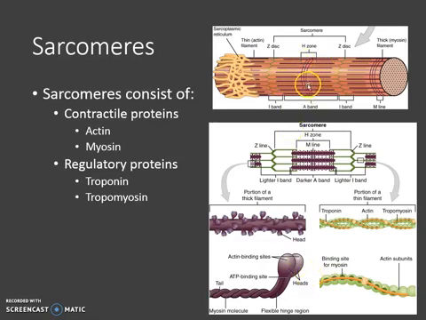During a contraction, the myosin protein doesn't get shorter and the actin protein doesn't get shorter. They just slide across each other so that the entire sarcomere gets shorter. So this Z-disc moves closer to this Z-disc, and it's just because the myosin here bonds to the actin and pulls it across the myosin.